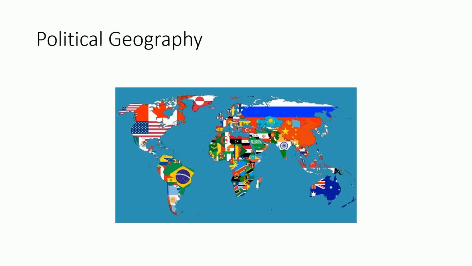It is often the study of knowing where a country is located on a particular map, knowing how a country's borders have evolved or changed over time. All of that is part of political geography. It is the study of the political boundaries created by nations.